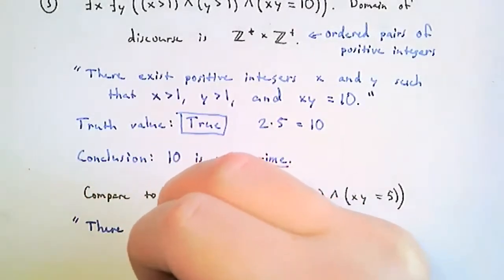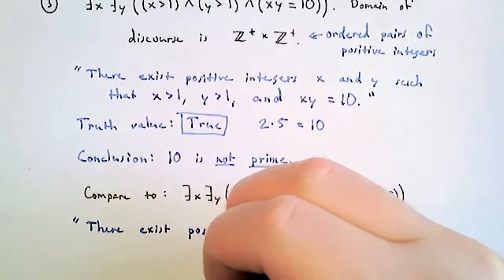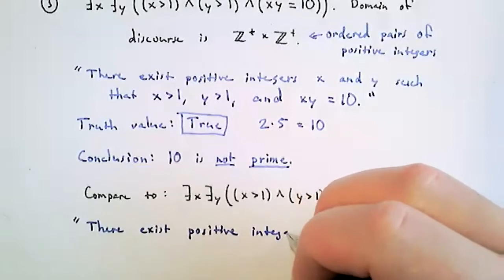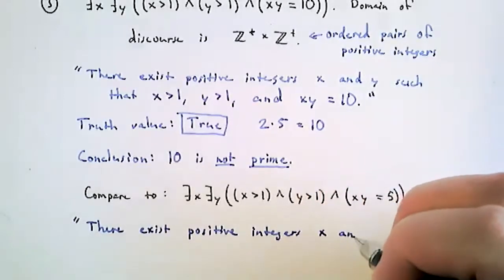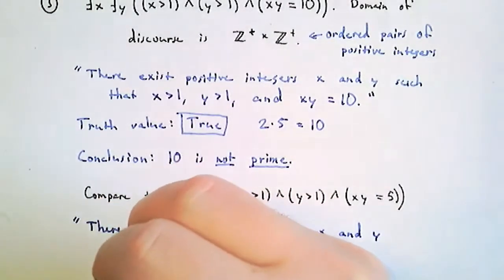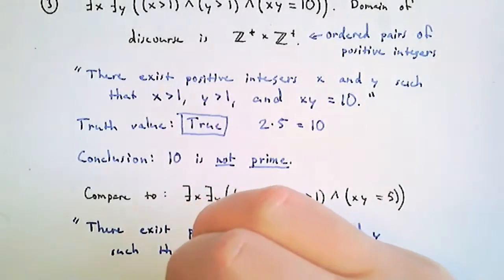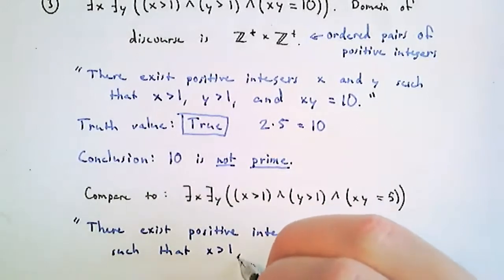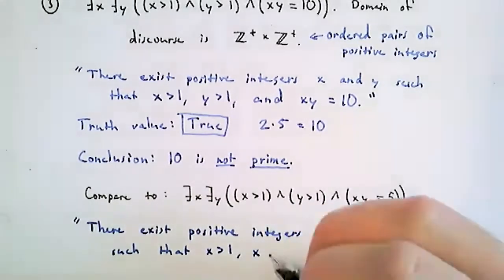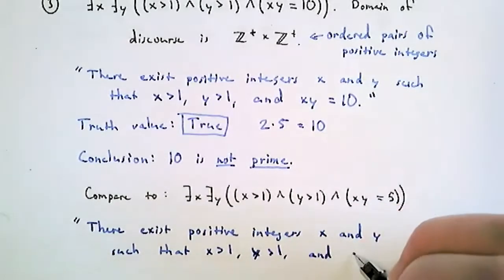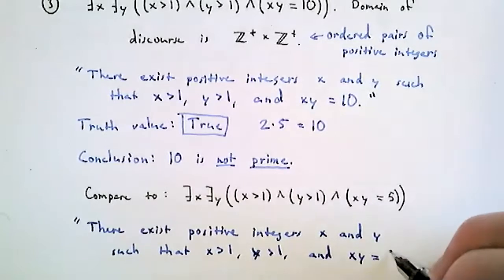There exist positive integers x and y such that x is greater than 1, y is greater than 1, and x times y equals 5.